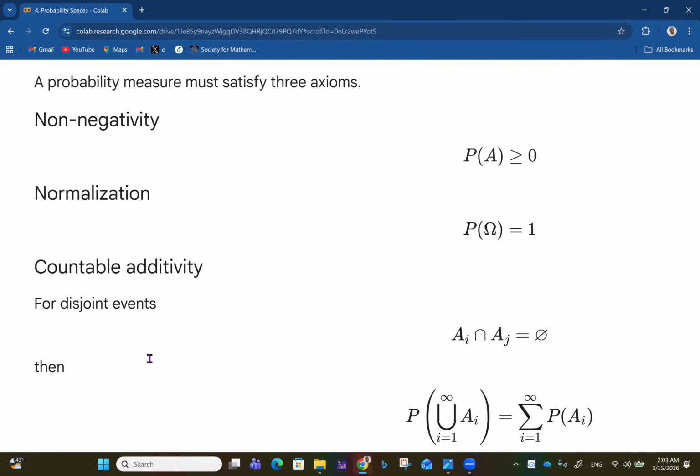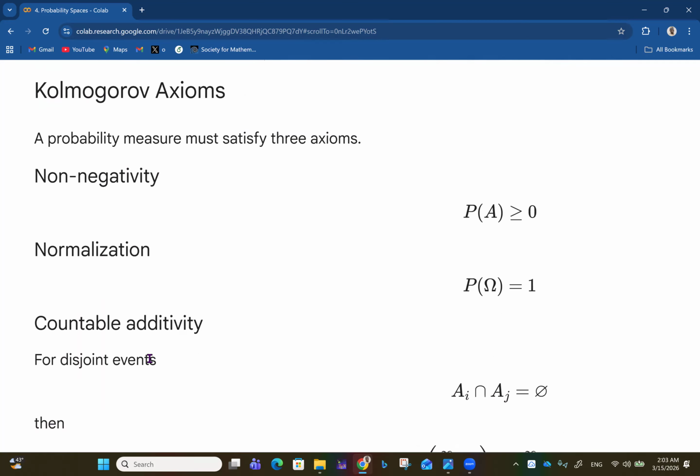Number 1, a probability measure must be non-negative. So non-negativity is the first one. That is, if you are looking for a probability and you get a negative value, something is wrong somewhere, definitely. So probability is non-negative, and that's why probability is between 0 and 1. The lowest probability you can ever get is 0, and the highest you can ever get is 1.